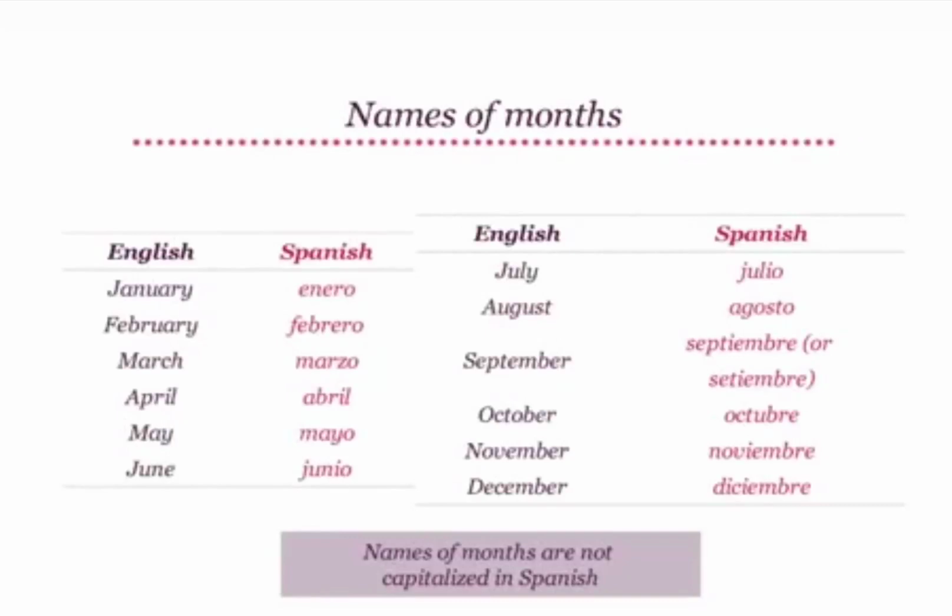Let's start with January. January translates to enero. Try saying that. Enero. February becomes febrero. Say that, please. Febrero. March is translated as marzo.